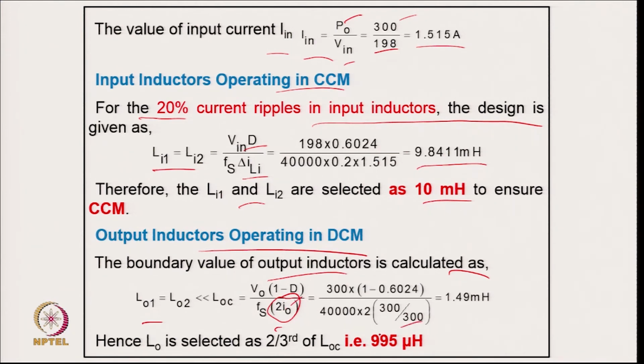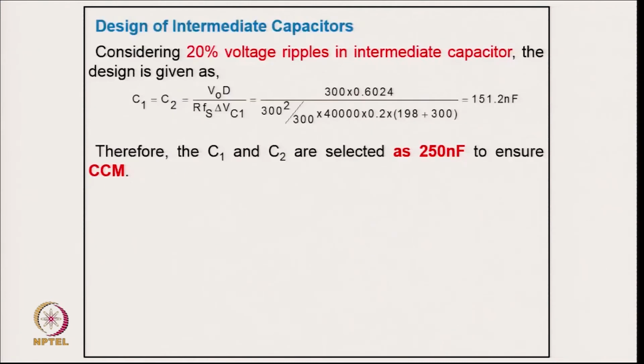After putting in all these values, we get 1.949 millihenry, and to make sure it is always operating in discontinuous mode, we select LO as 2/3 of this value. So, we select typically 995 microhenry to ensure that it always operates in discontinuous mode, corresponding to the minimum input voltage, which will cause the maximum current in this inductor.